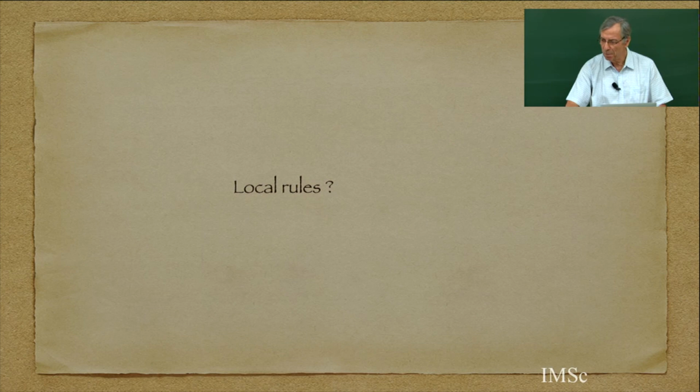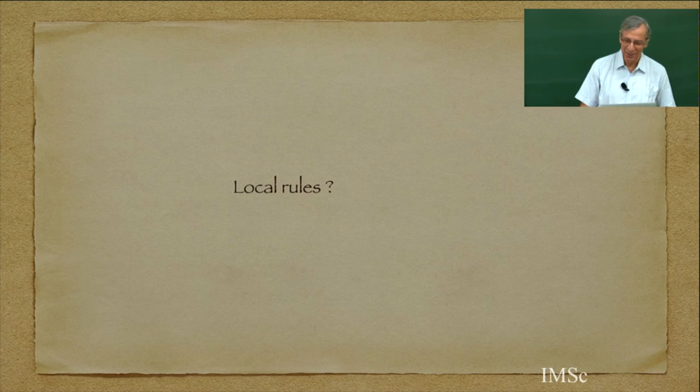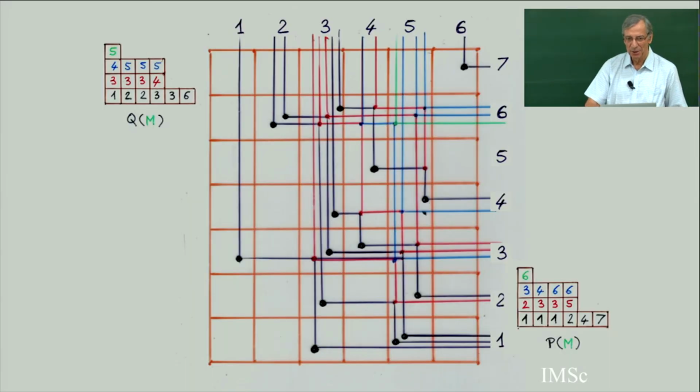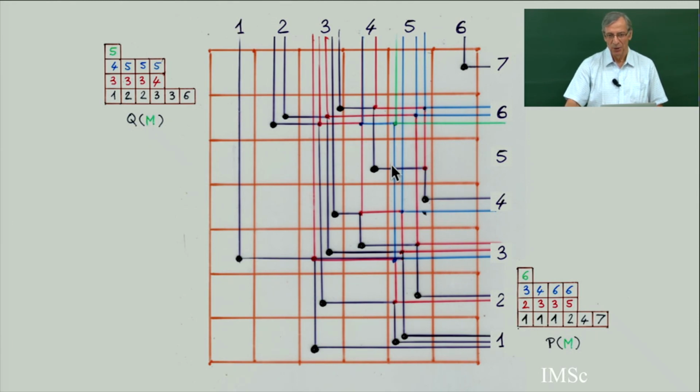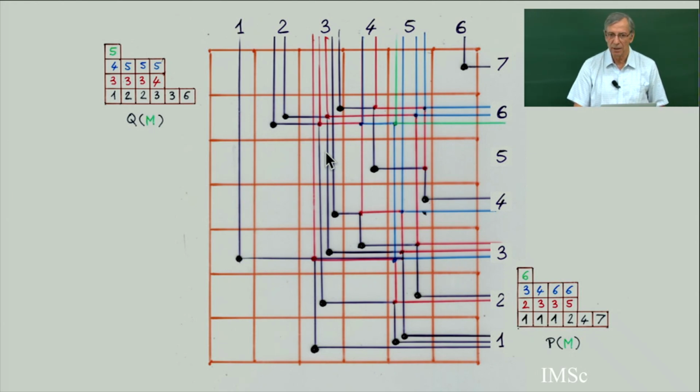So now I am obsessed by local rules, especially on the edges. So what about local rules? Can we rewrite all this, instead of the matrix-ball construction, with local rules? So let's do it. If you look carefully at this picture, when you have a matrix, I transform this into a permutation, where each point in a row is increasing and each point in a column is increasing, and I put all these colored lines, which have the rewriting rule on edges, to get a Robinson-Schensted correspondence.